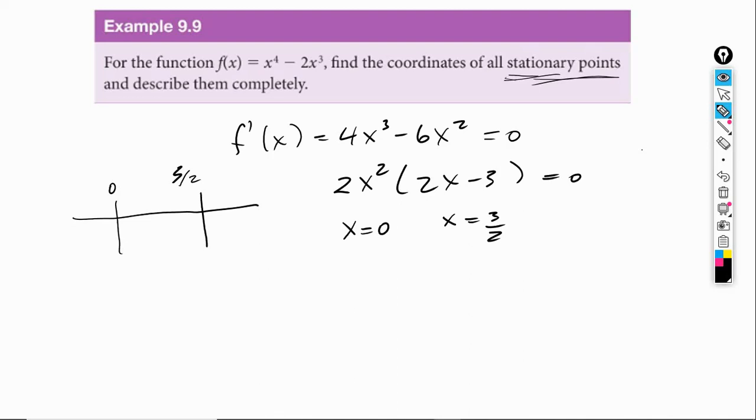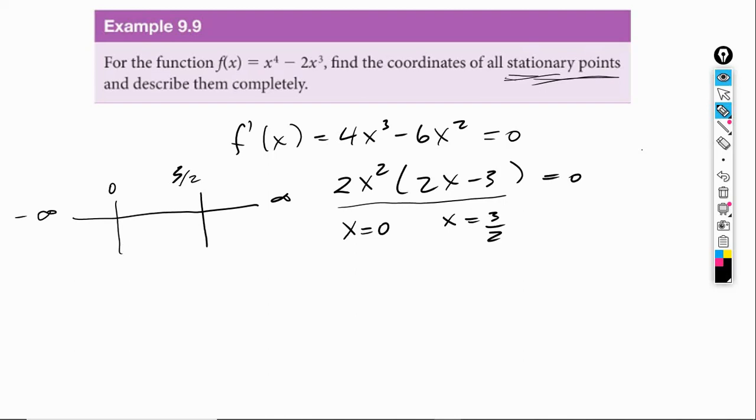So we have to consider positive infinity and negative infinity. Okay, so what we need to do then is plug in values before 0 in the derivative. So we can use this here and plug in, let's say, negative 1. If you plug in negative 1, you're going to get a negative value.